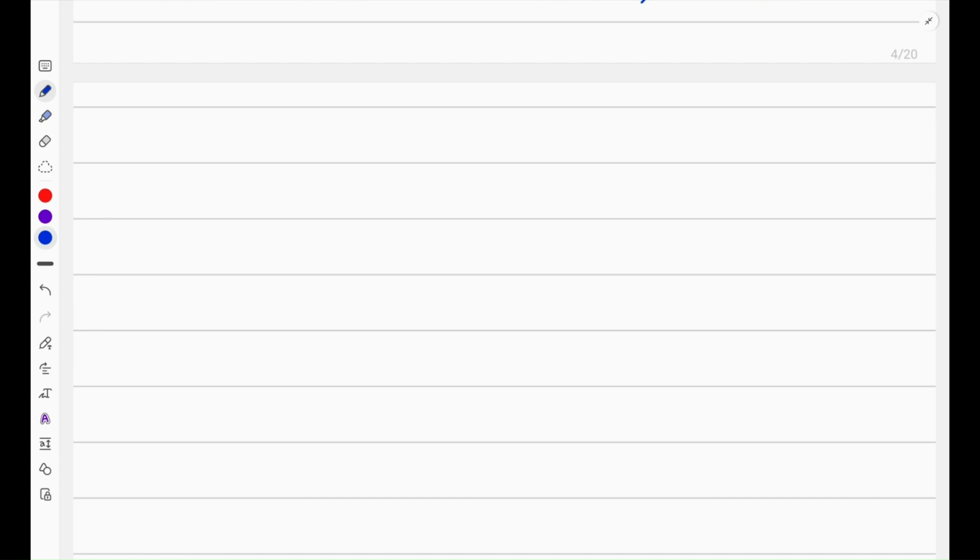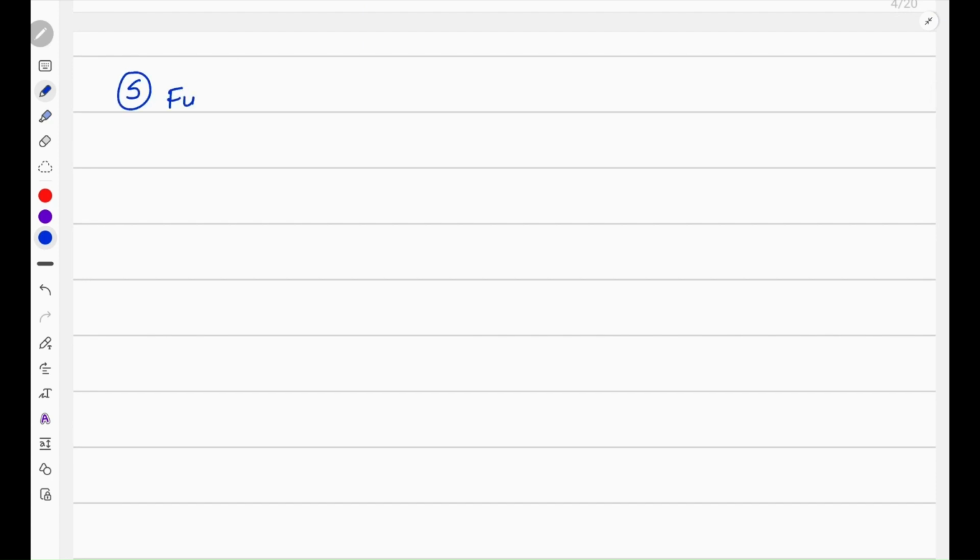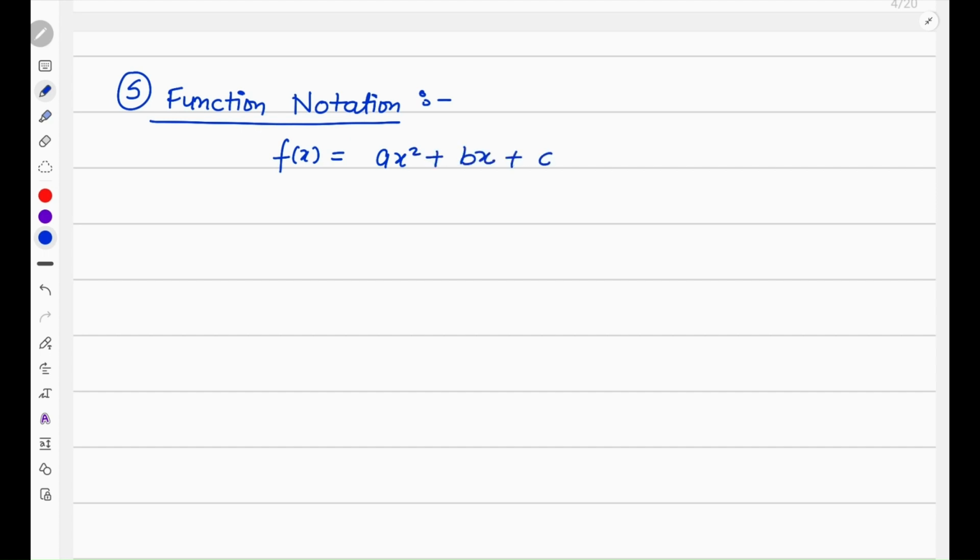Another thing is the function notation. In function notation, if we represent a function of a variable x given in terms of ax square plus bx plus c, and we have to calculate this function at a value a1, what we have to do is put x equal to a1 in the function.